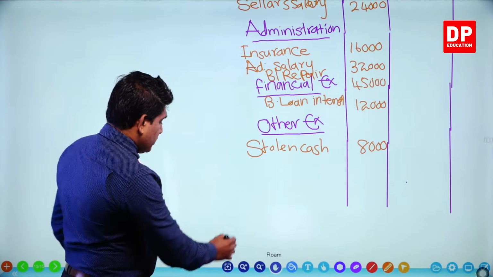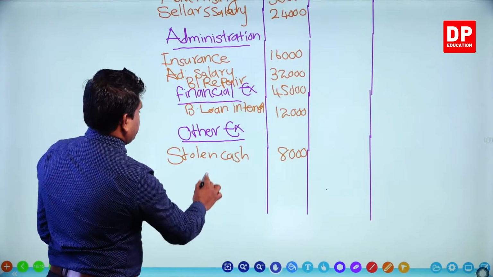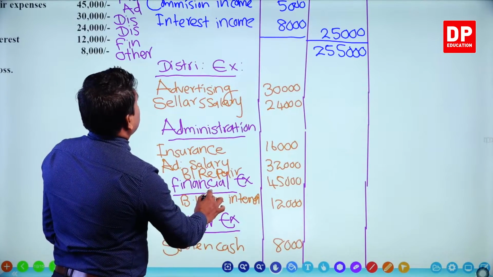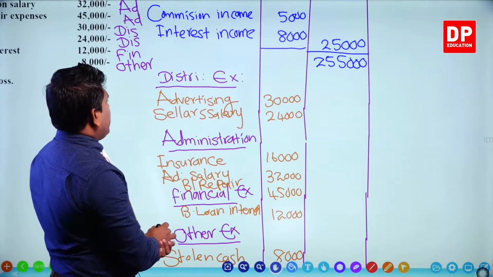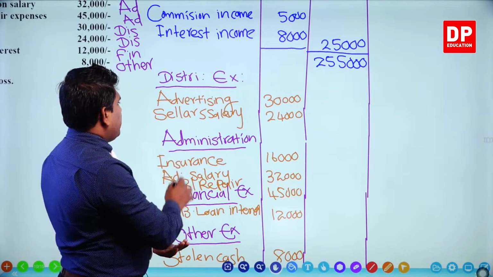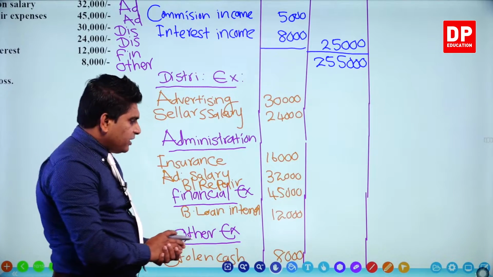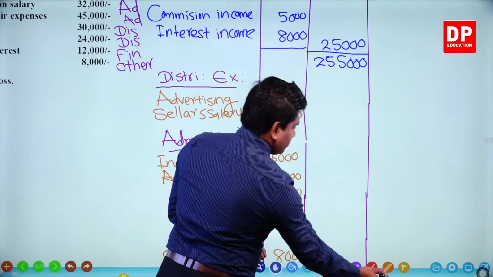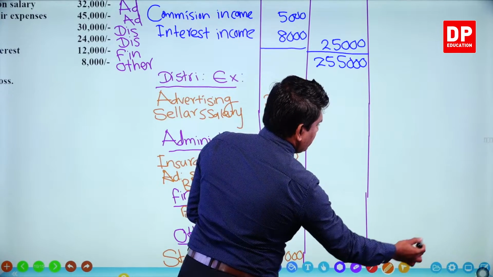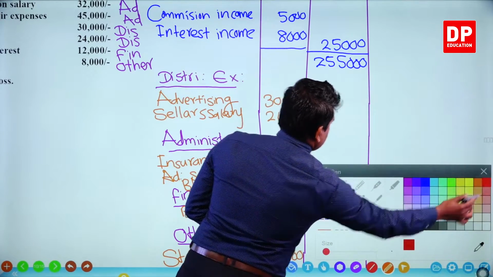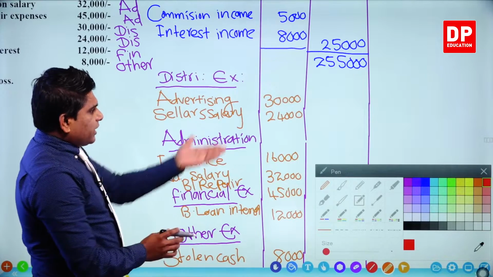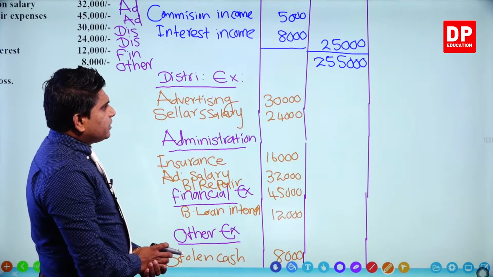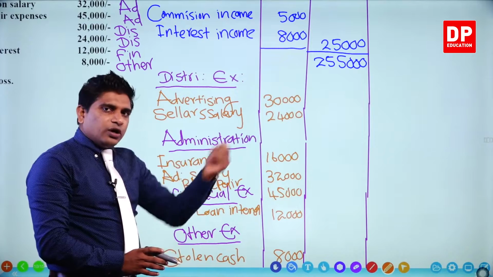Now you know here we can see distributing expense. There are 2, advertising and seller's salary, right? Then we can get the total here. But here there are only 2 columns, no?